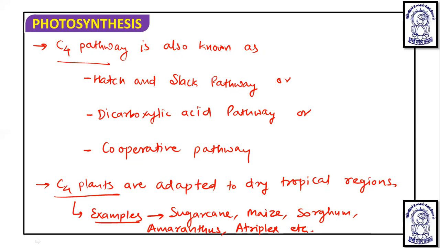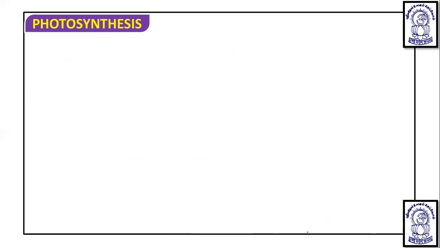Okay, so now if we talk about the mechanism of the C4 pathway, it is going to take place like this. So let's discuss the C4 pathway, how it takes place. First we have to draw the cells.